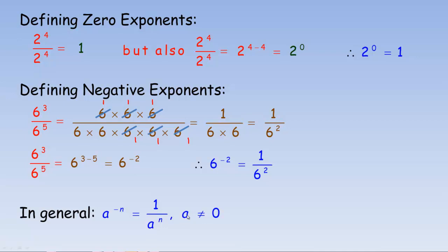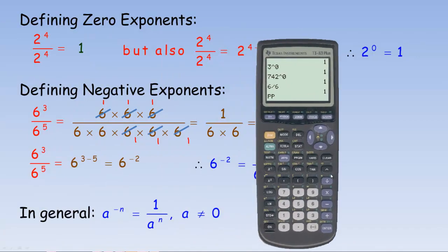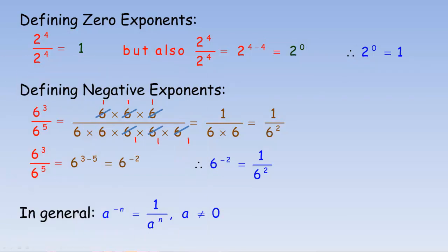Again, the number A in the base can't be 0, just like I can't go 1 divided by 0 raised to any exponent. If I put 3 or something like that, see, I'm actually dividing 1 by 0 here. That's why the calculator doesn't like it. I cannot do that.